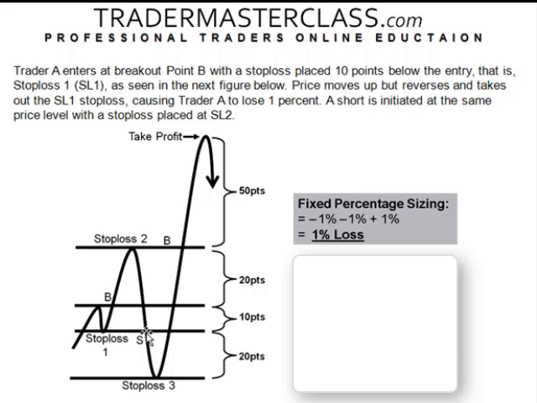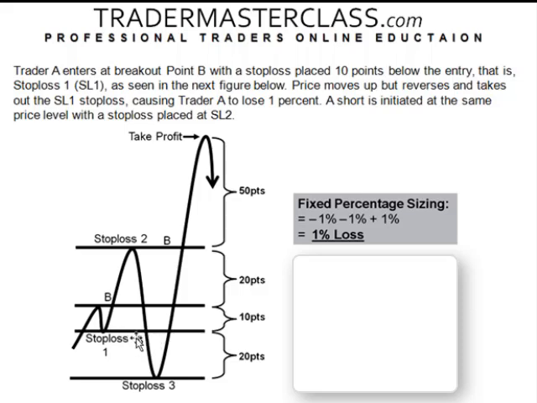Now, at this point, Trader A re-enters as a short position because he has broken the previous low. And we see prices falling, making a swing low, rising back up, and finally breaking a previous high or previous resistance level here, which, by the way, is where the stop loss is for Trader A's second trade.